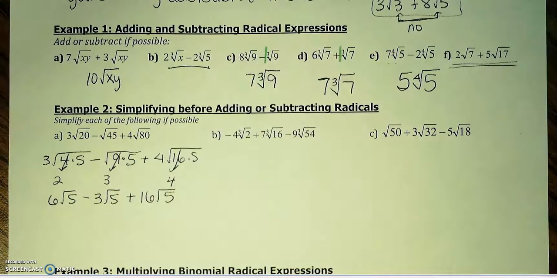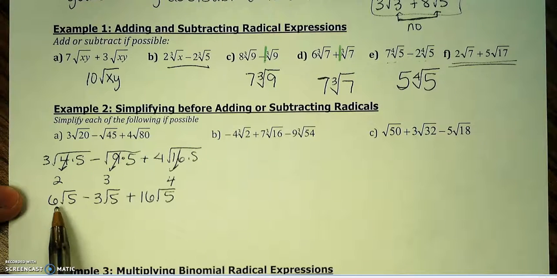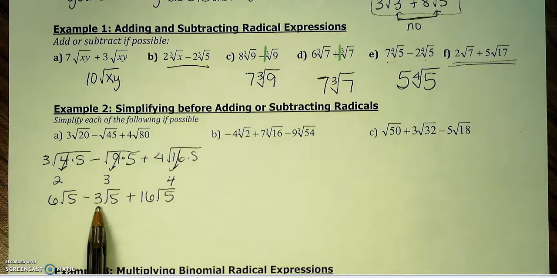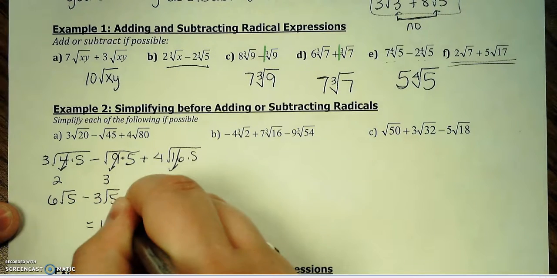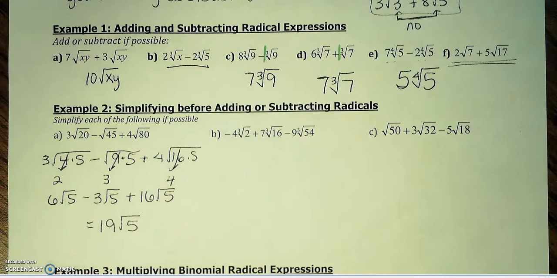Initially when I looked at that problem, I didn't think I could do that, but as I broke down the radicals, they all actually turn out to be like radicals, so you can do this problem. So this is 6 minus 3, which would be 3, and then add 16 to that. The simplified answer here should be 19 roots of 5.